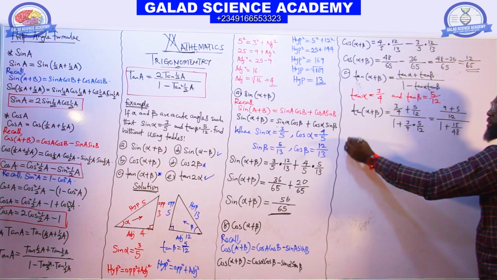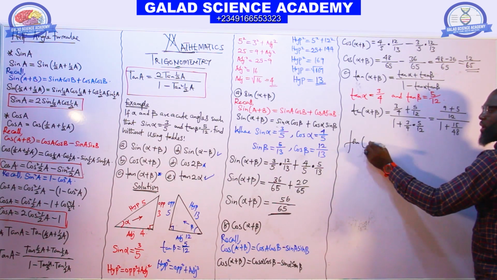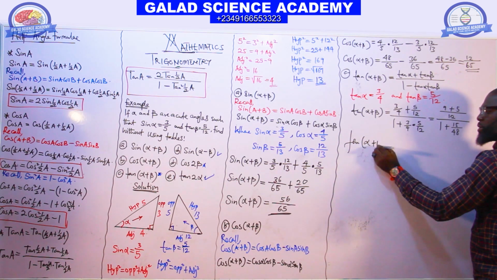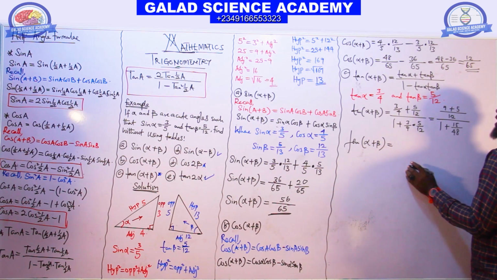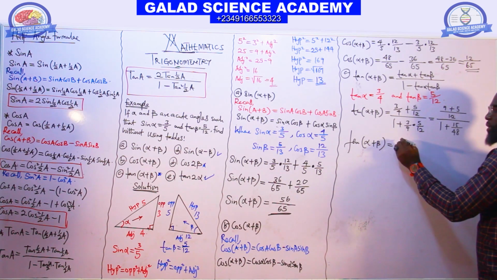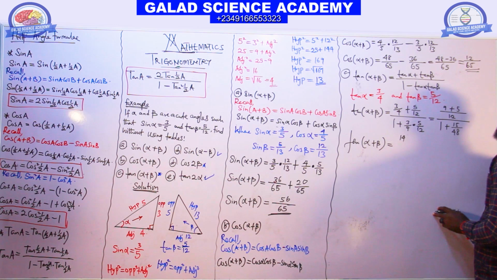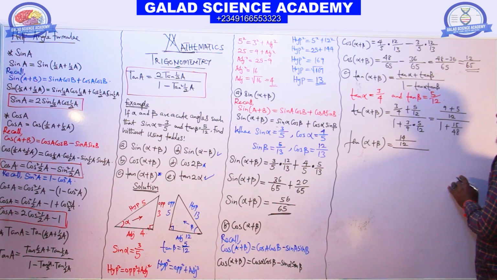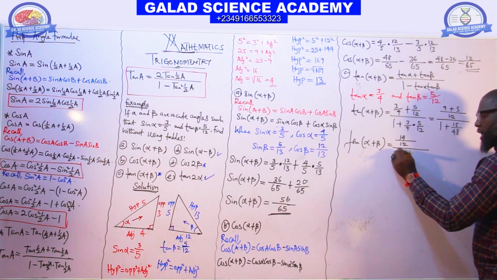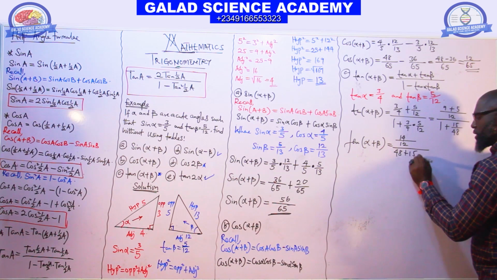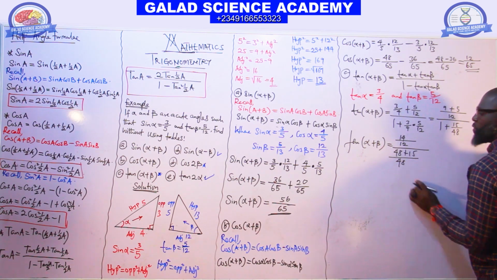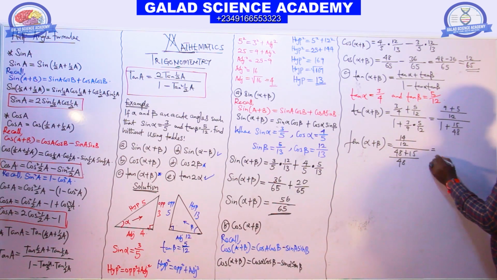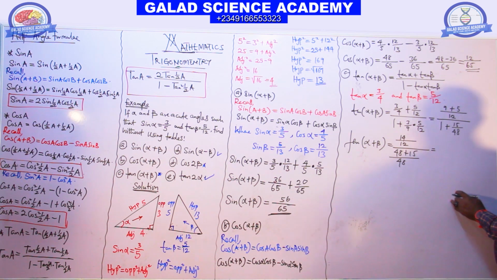So by solving it further, we have tan alpha plus beta. Add it together, we have 14 over 12. Everything over 48 plus 15 over 48. So, do it that way.